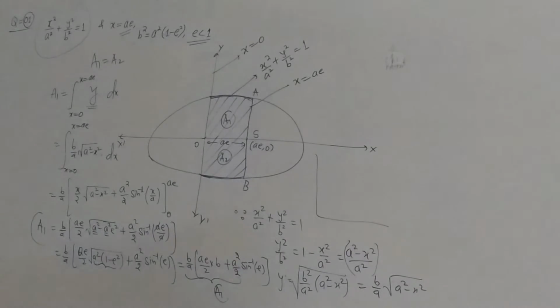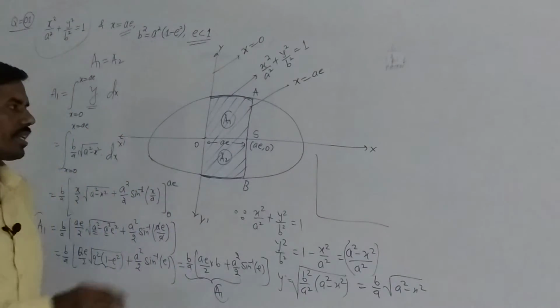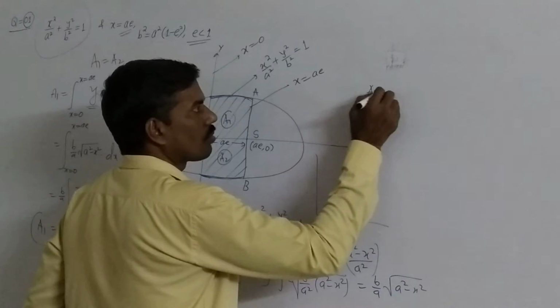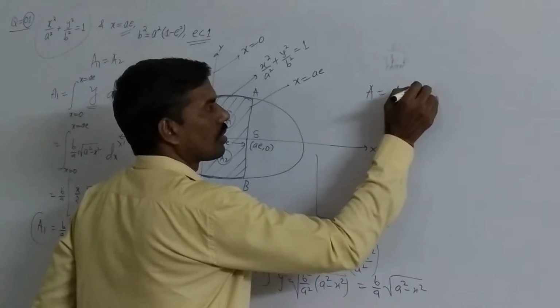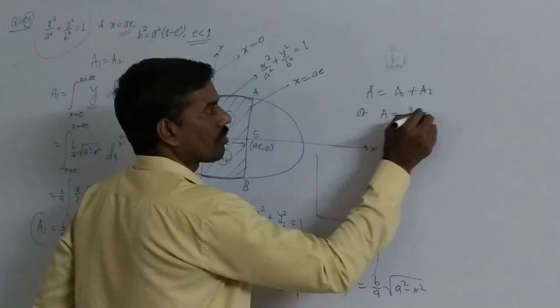Since A1 is equal to A2, the area of the region above the x-axis is equal to the area of the region below the x-axis. So A is equal to A1 plus A2, or A is equal to twice A1.